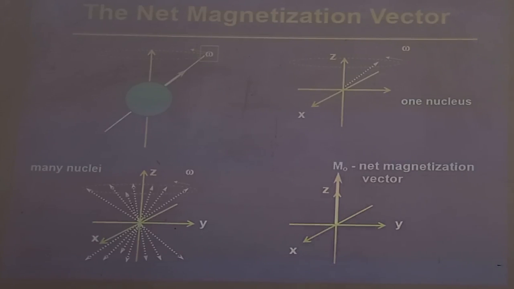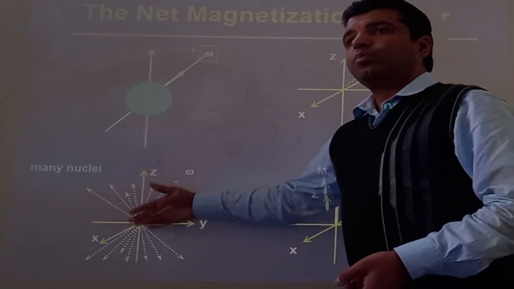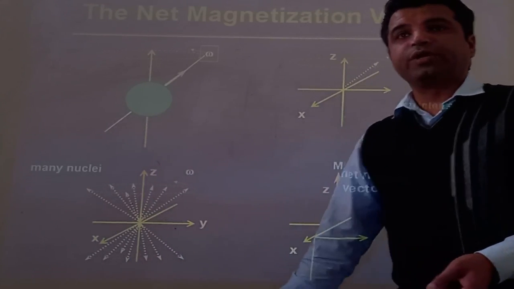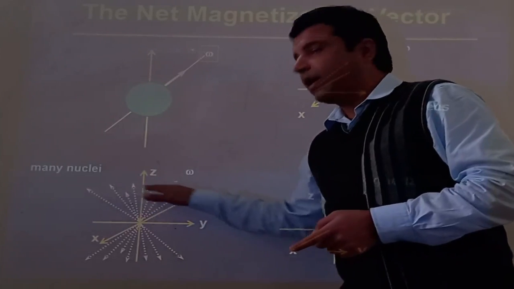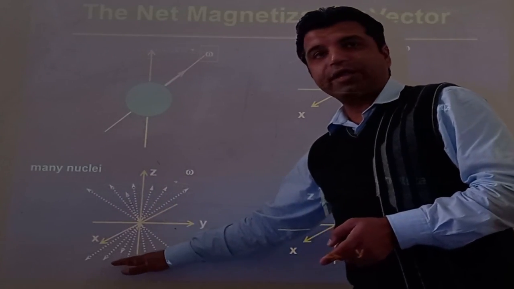So we do not have one nucleus, we have lots of nuclei. Some of them are pointing up, others are pointing down. We have many nuclei pointing up, and many nuclei pointing down. B naught is in the direction of the z-axis. These nuclei are pointing up and these are pointing down.